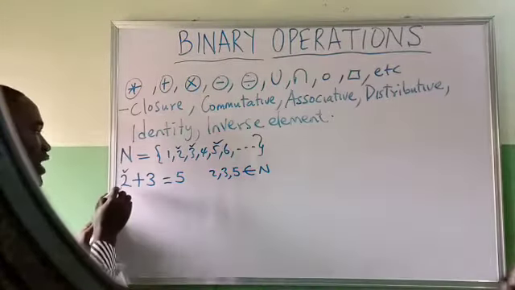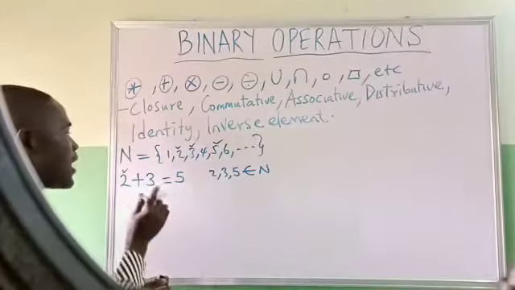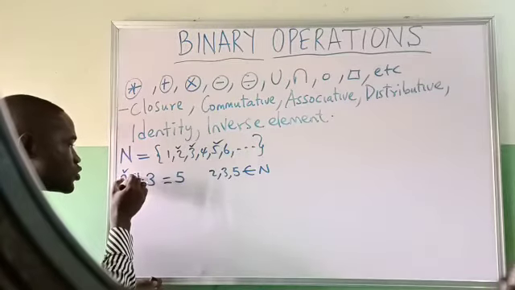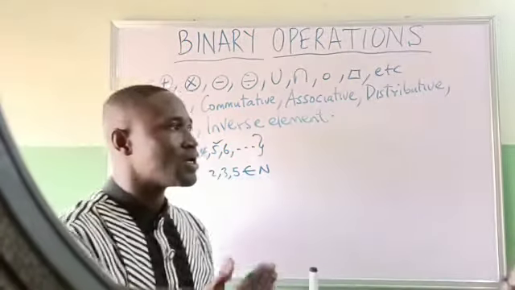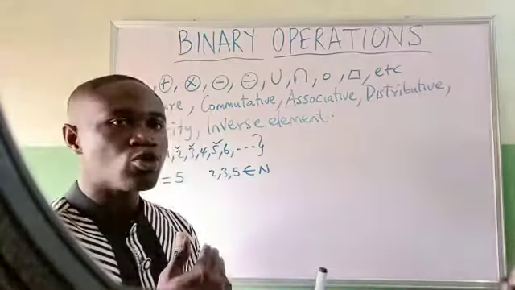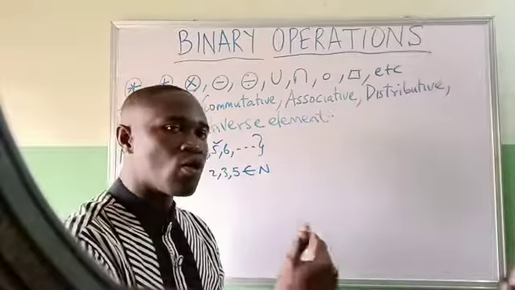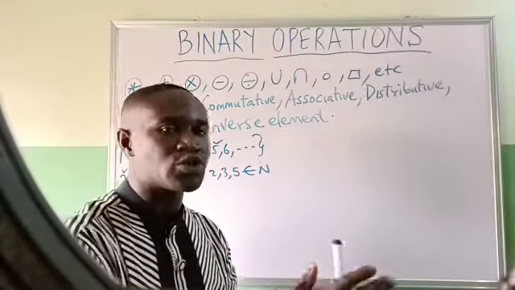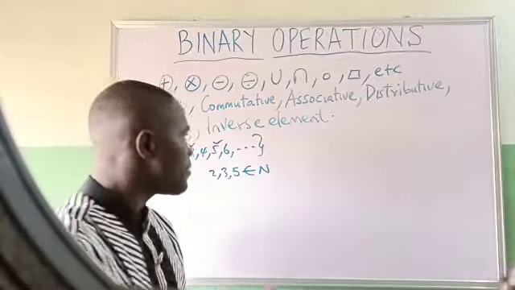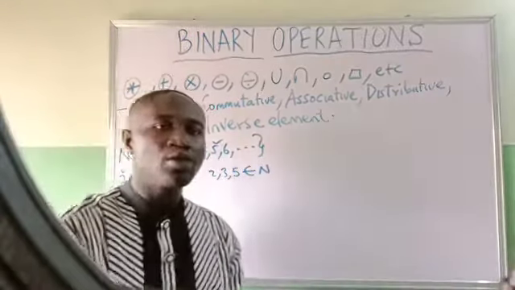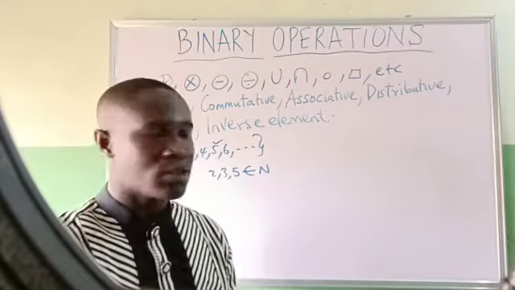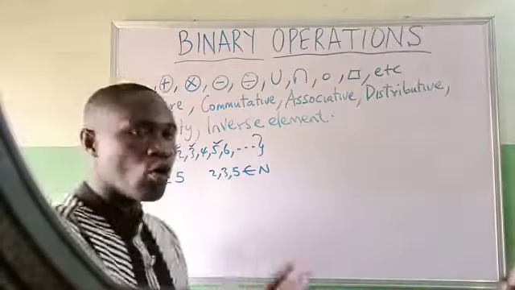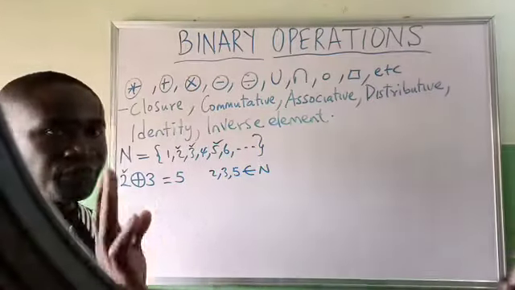Then you can say that 2 and 3 are closed under the operation plus. That is, 2 and 3 can combine to produce another number which is also in the set of natural numbers. Remember that natural numbers simply mean all positive numbers ranging from 1 till infinity.